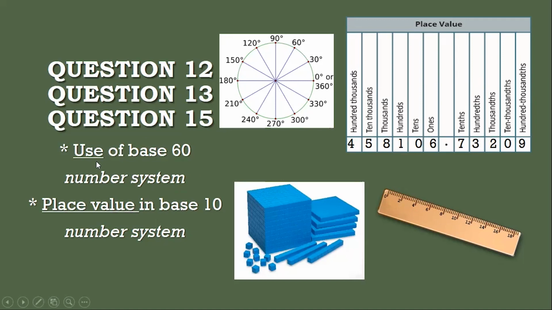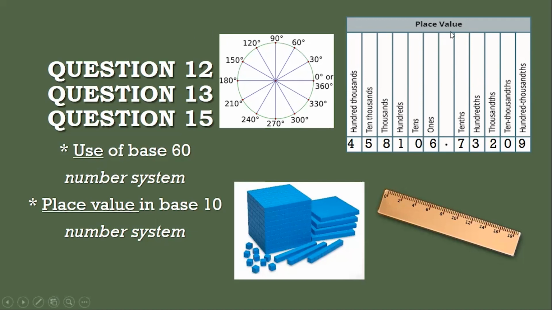And then question 13 is asking, which combination of teaching aids may best help you to effectively teach place value in the base 10 number system? Remember, we have the decimal system or the base 10 place value system. Let me first explain this place value thing.